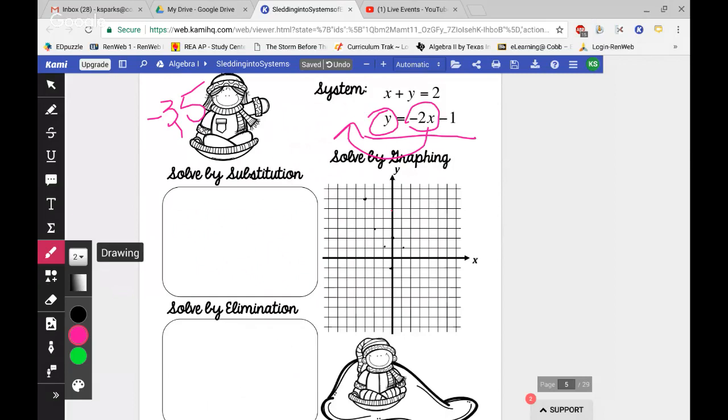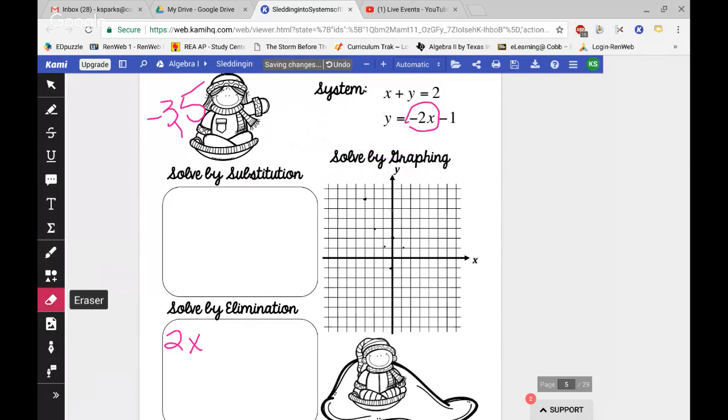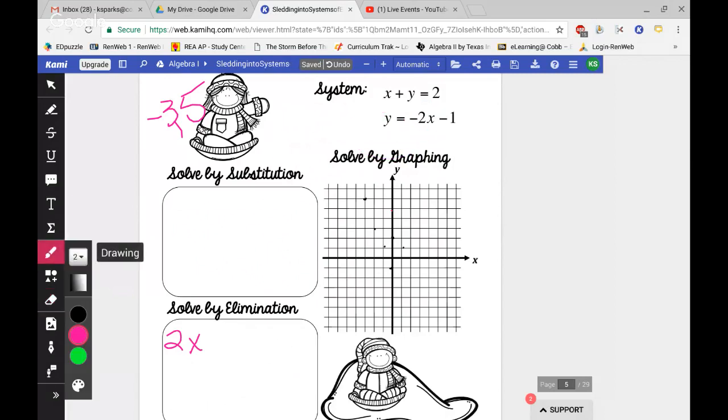Oh, yeah. So instead of subtracting, I'm going to add 2x to both sides, yes? Okay, so that's going to give me 2x plus y equals -1.